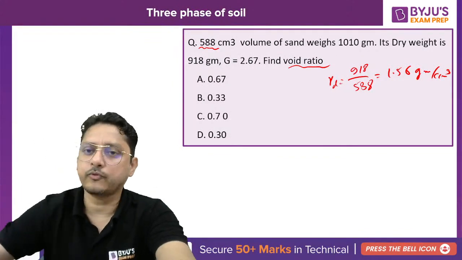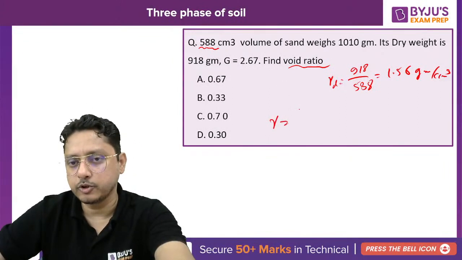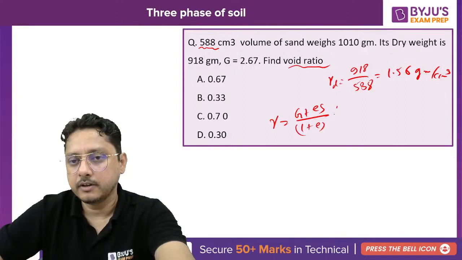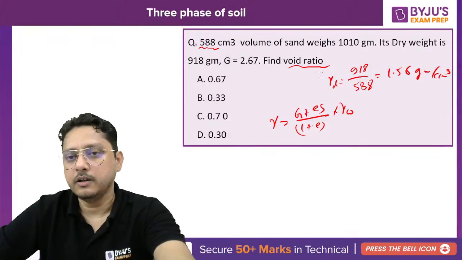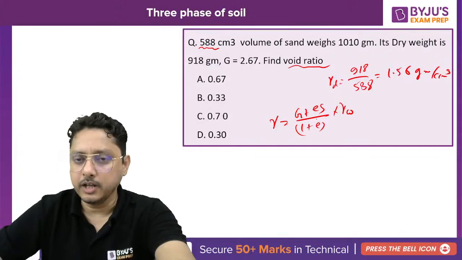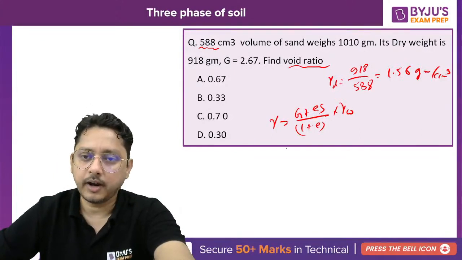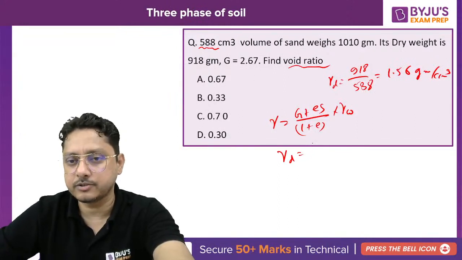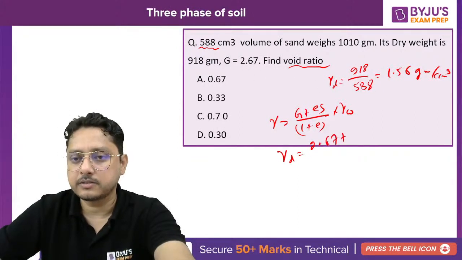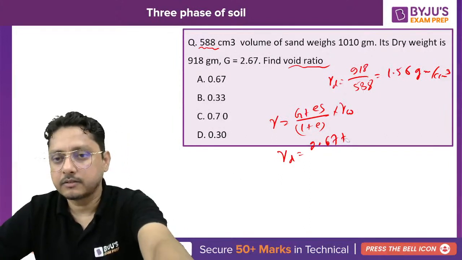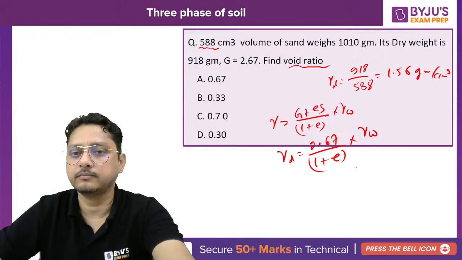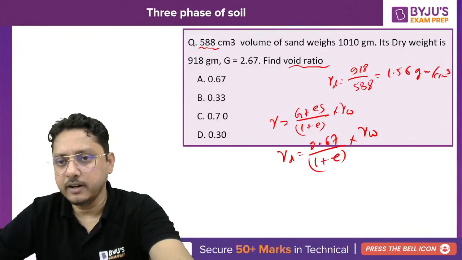Then he's asking about the void ratio. How will we calculate it? As I told you, once again I am going to use the same formula, G plus ES divided by 1 plus E into gamma W. If it is a dry soil, the degree of saturation will become 0 and this gamma will become gamma D, which is G plus ES. Once again G is given, which is 2.67, and plus nothing, divided by 1 plus E into gamma W. It is given in gram per cc.